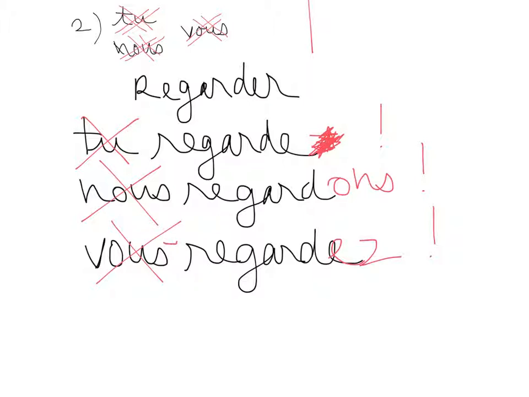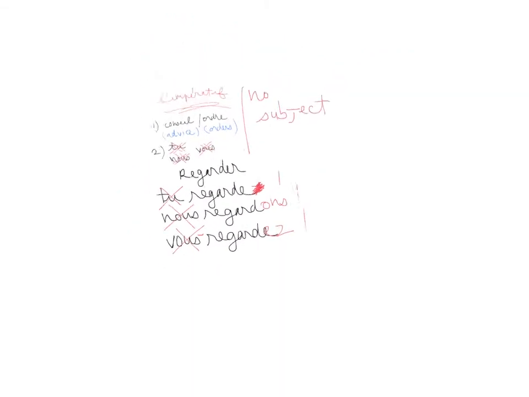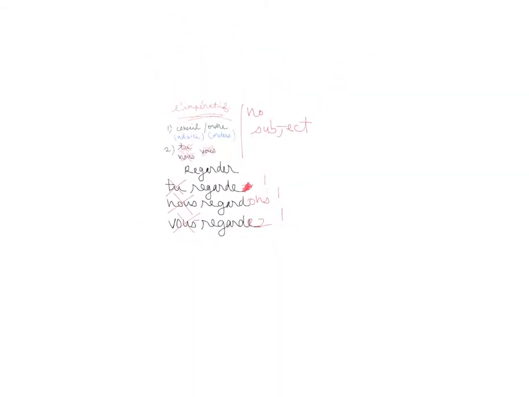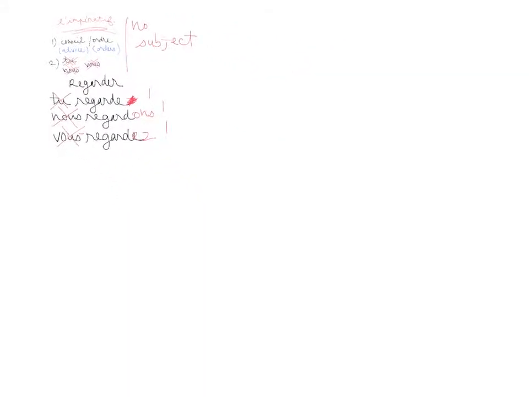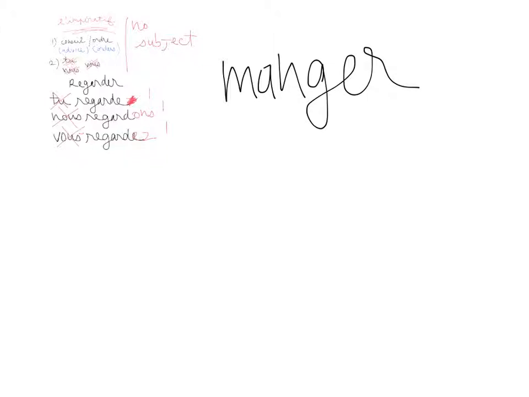Let's do another one to make sure everyone understood. I'm going to put this here, just in case you want to take a look at it. I hope it's not too small on the screen. And we'll take another verb. Manger. To eat. So what is manger in the present tense? Mange, mangeons, mangez, right?